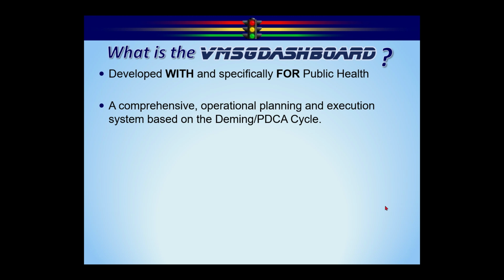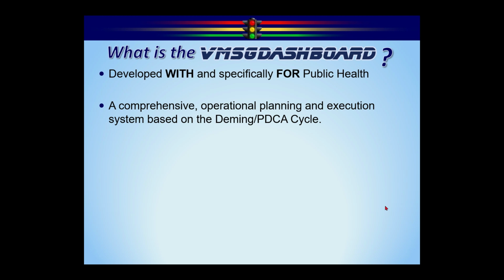One of the problems was that all of these beautiful plans that you would develop, your strategic plan, your CHIP, et cetera, were great plans, but there was no way to keep those plans up to date. So they sat on a shelf and collected dust for 5 years. So we integrated the Deming cycle, or PDCA. Our nomenclature is plan, do, check, and adjust. We're going to go into a lot of detail on that and how we keep the plans up to date in the system.